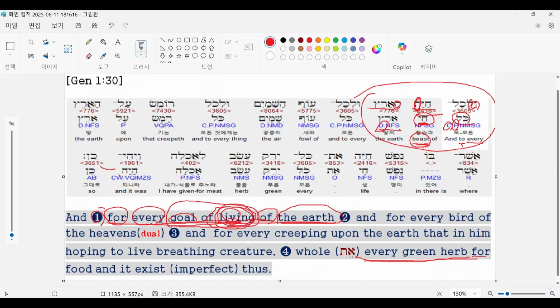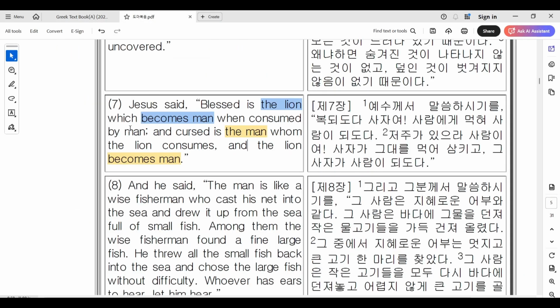That is why in the past, we discussed the issue of eating in the Gospel of Thomas. I have the Gospel of Thomas here. In verse 7, Jesus said, "Blessed is the lion which becomes man when consumed by man."